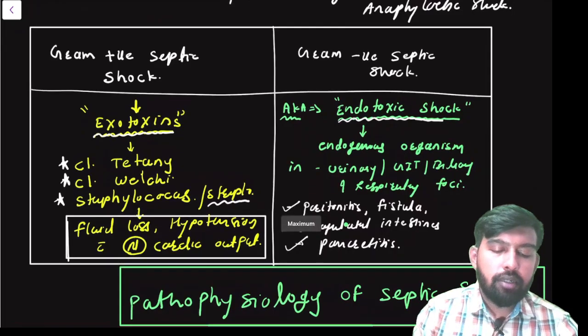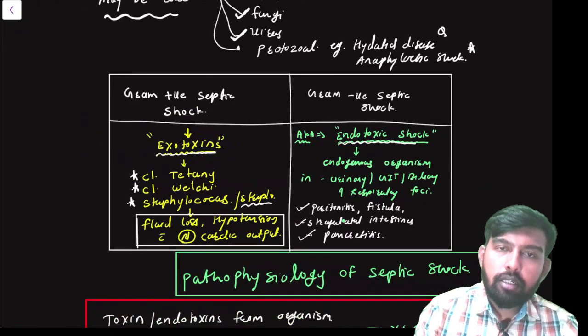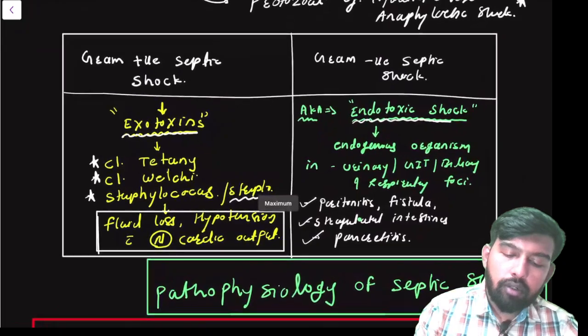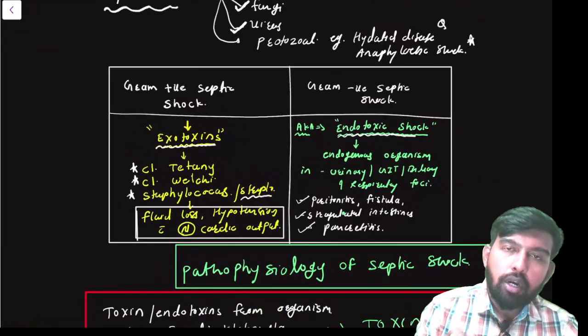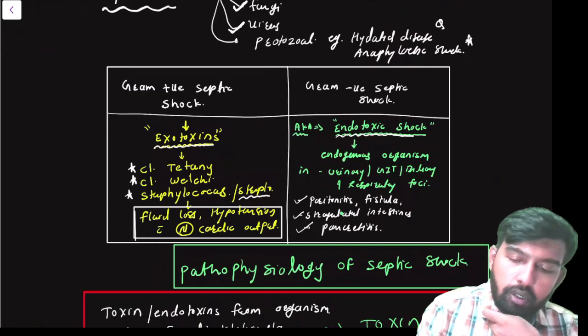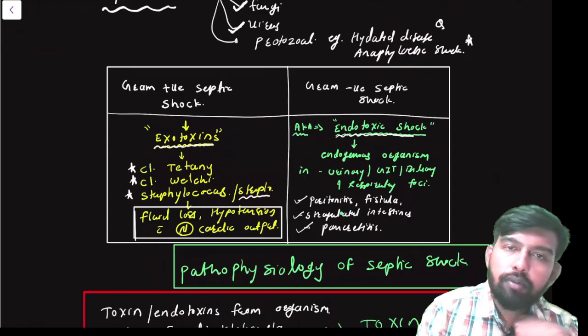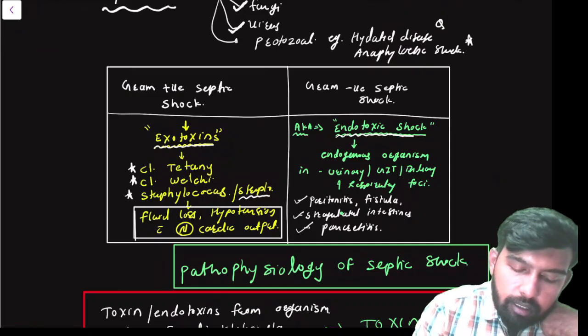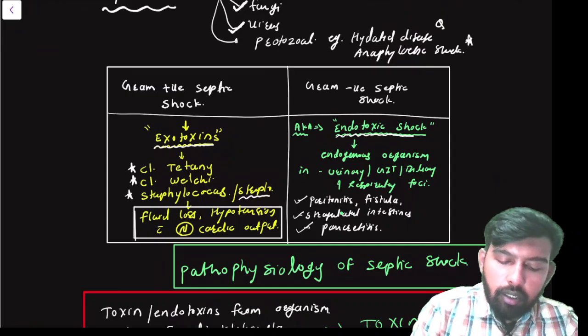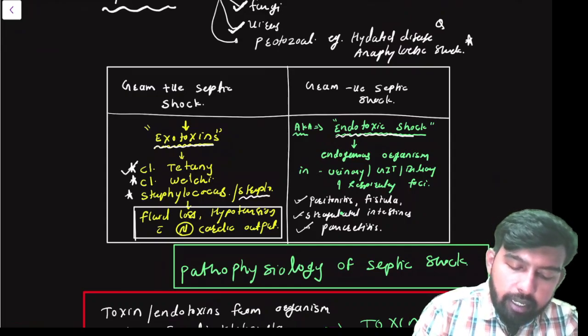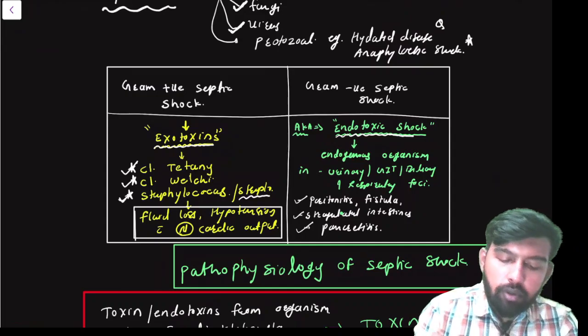The gram positive septic shock is also known as the shock due to exotoxins. The organisms responsible for a gram positive shock are Clostridium tetani, Clostridium welchii, Staphylococcus and Streptococcus.